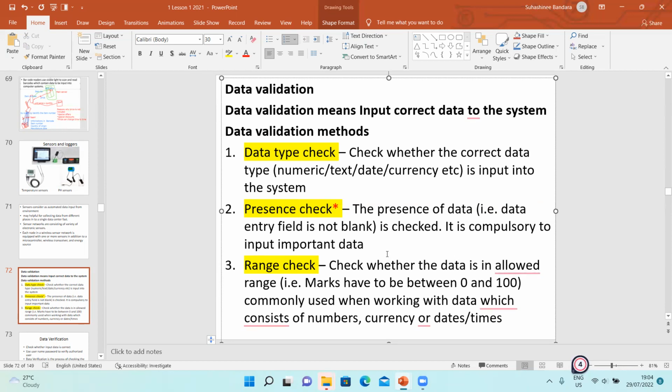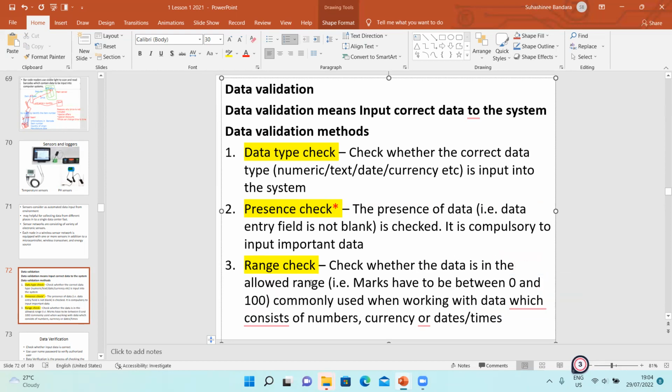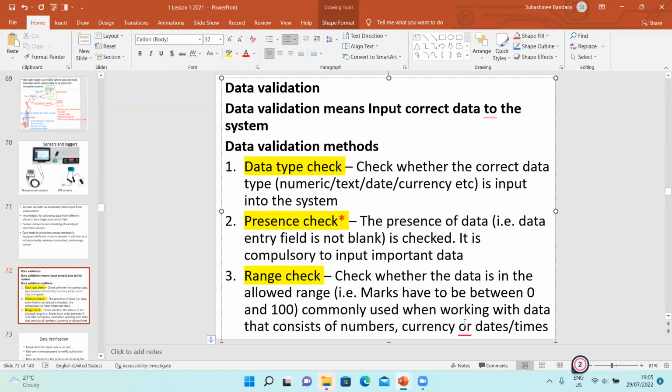It is compulsory to input. Next, range checks, which check whether the data is in the allowed range. For example, a mark should be 0 to 100. If you give negative answers, the system will identify that as an error. It is commonly used when working with data consisting of numbers, currency, dates, or times.